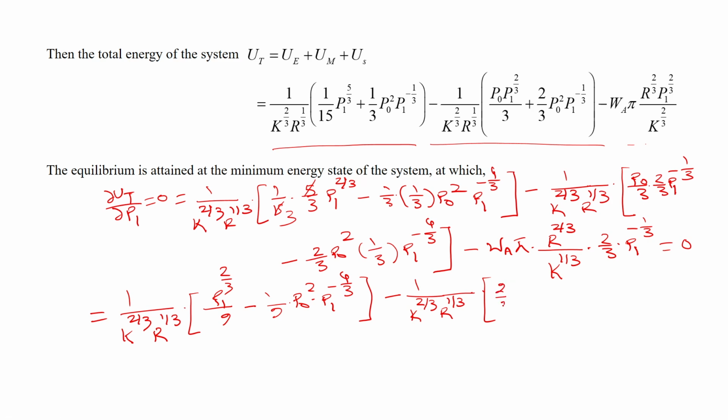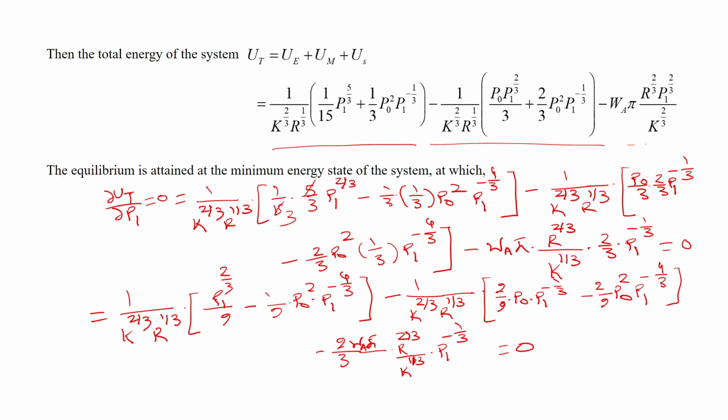So, it is 2 by 9 here, this is P0, this is P1 to the power minus 1 by 3, and minus again there is 2 by 9 here, and this is P0 square here, and this is P1 to the power minus 4 by 3 here, and then minus 2 by 3 W adhesion pi, and then here it is r to the power 2 by 3 by k to the power 1 by 3 and P1 to the power minus 1 by 3, this is equal to 0.